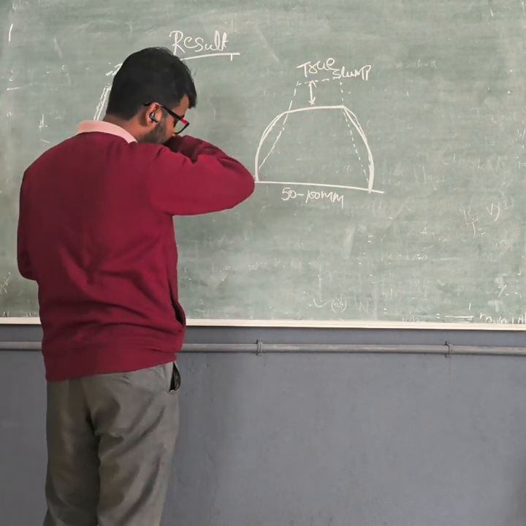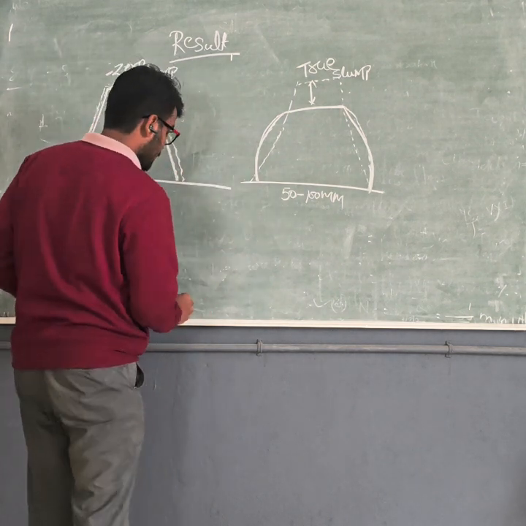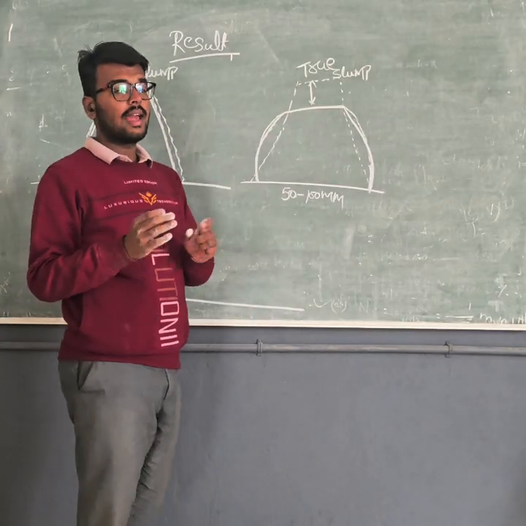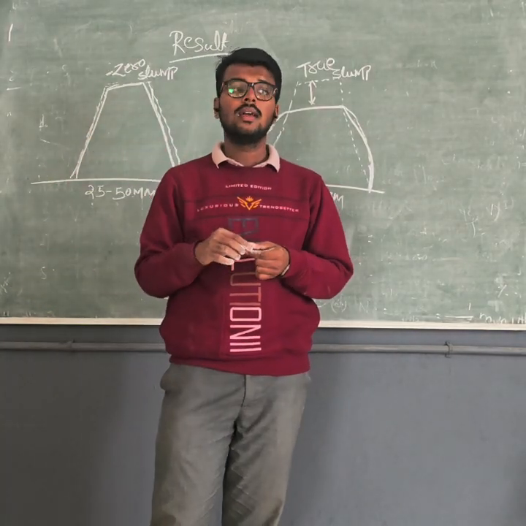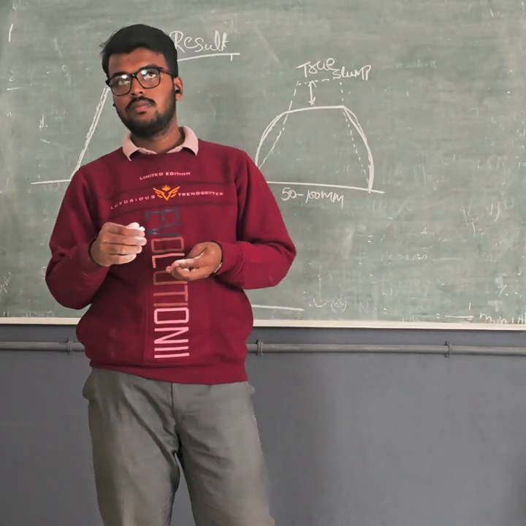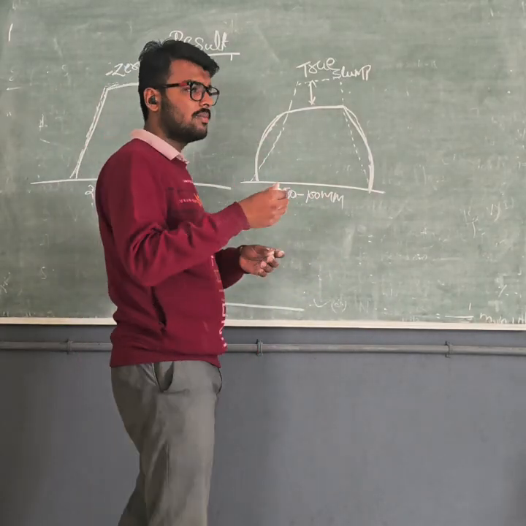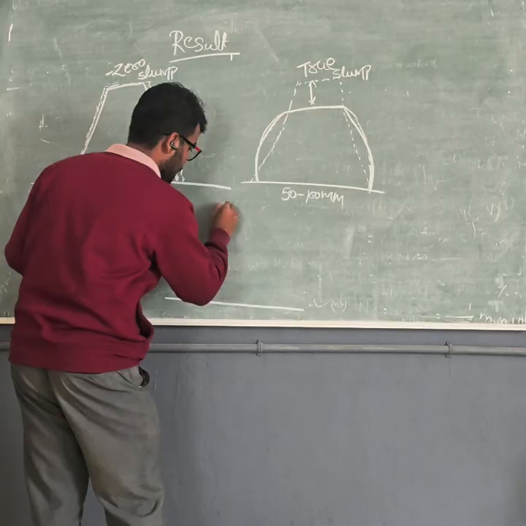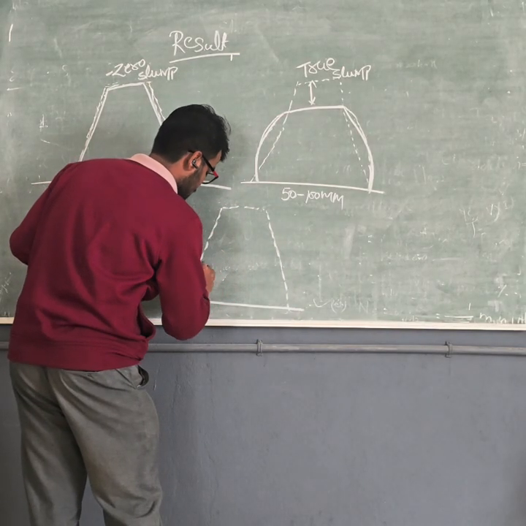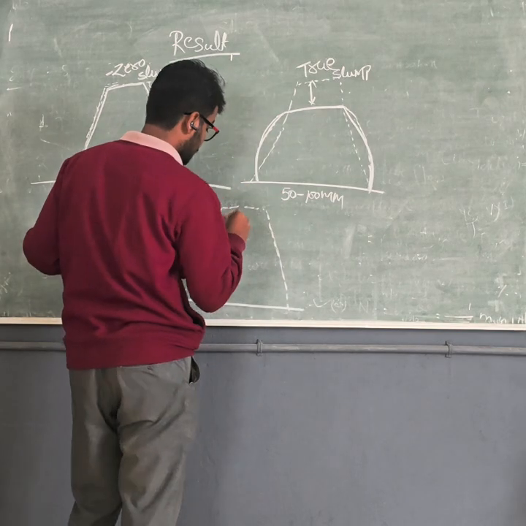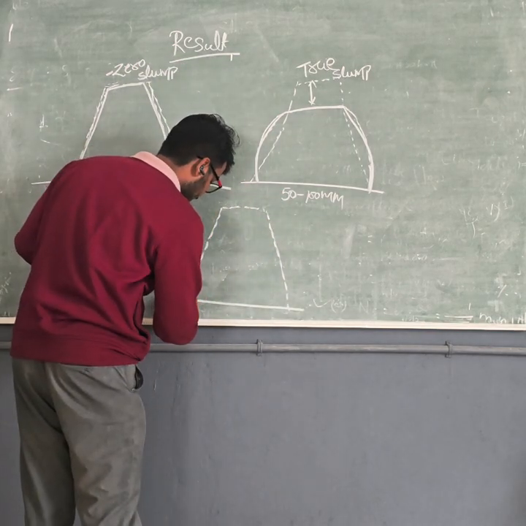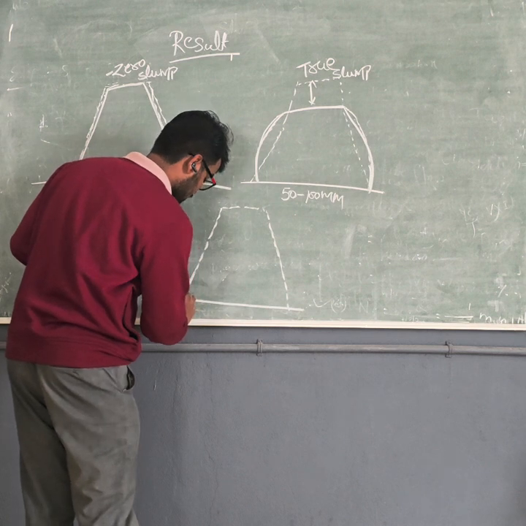The third kind of slump is shear slump. Shear slump looks like one side of the specimen remains constant and the other side shrinks too much compared to the true slump, like this. This portion is the core. Then the shrinkage, this is the shear slump.